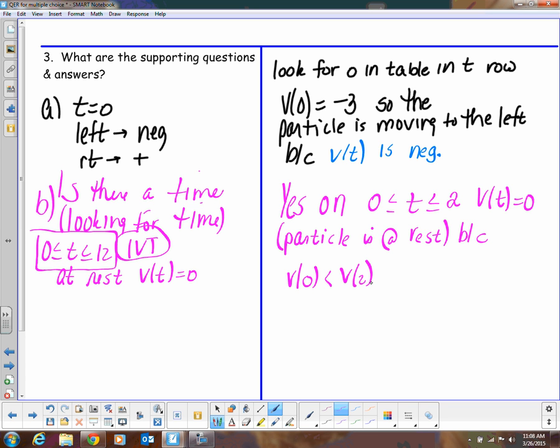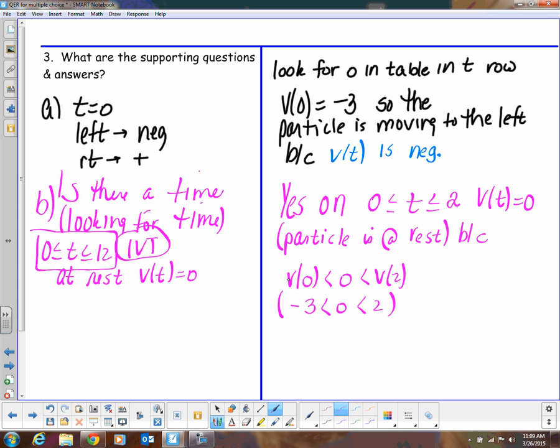V of 0 is less than 0, which is less than V of 2. So negative 3 is less than 0, which is less than 2. And if you want to make sure they know this, negative 3 is less than 0 is less than 2. I believe they will accept any of these.